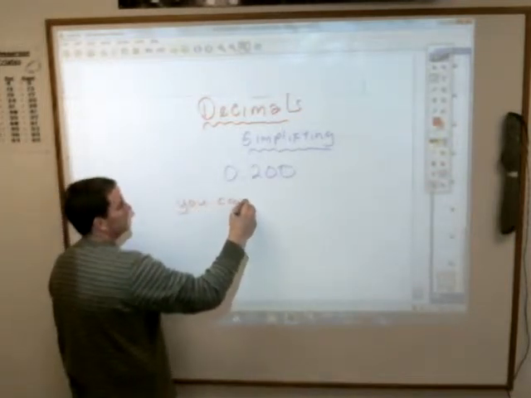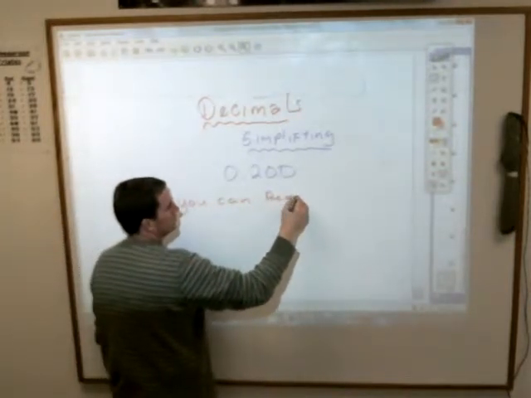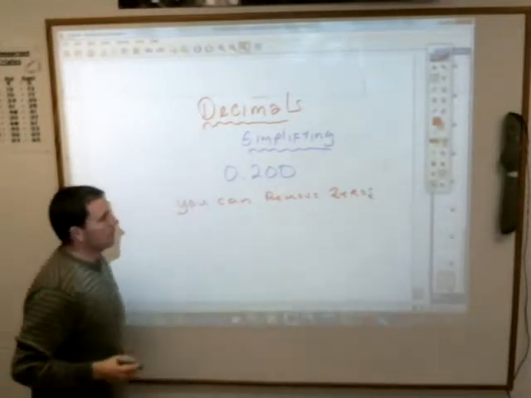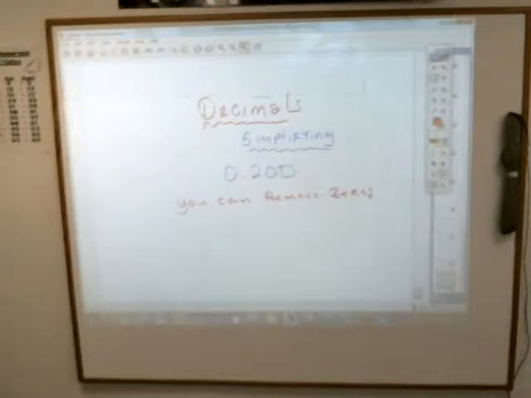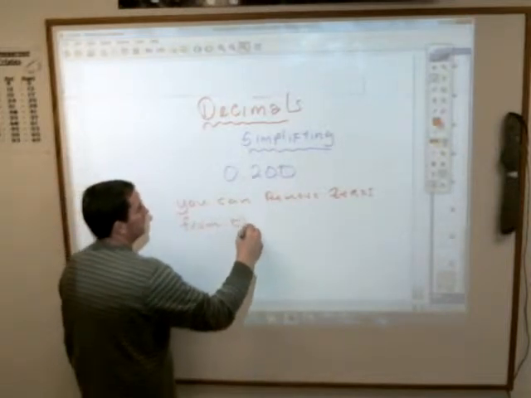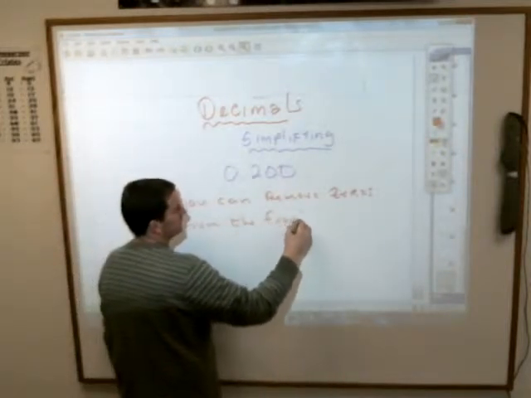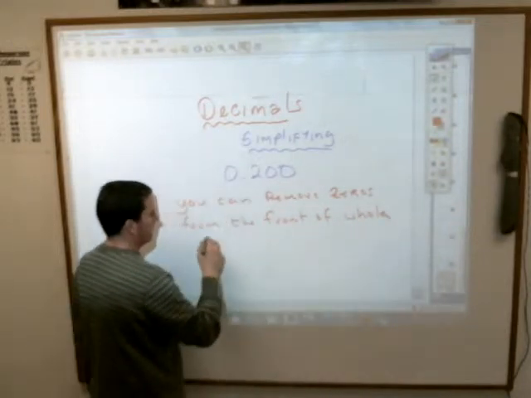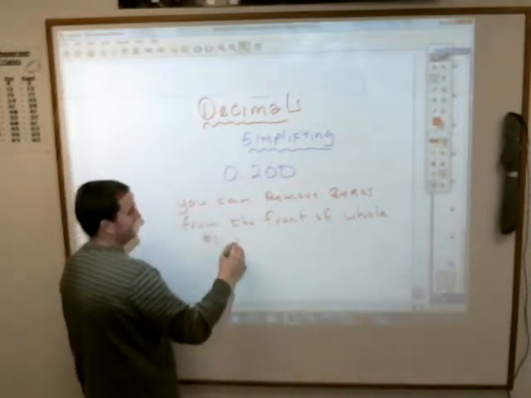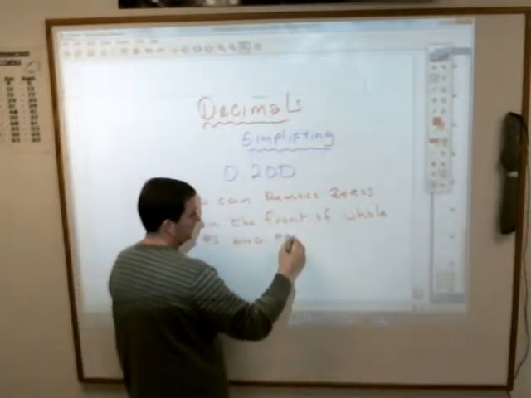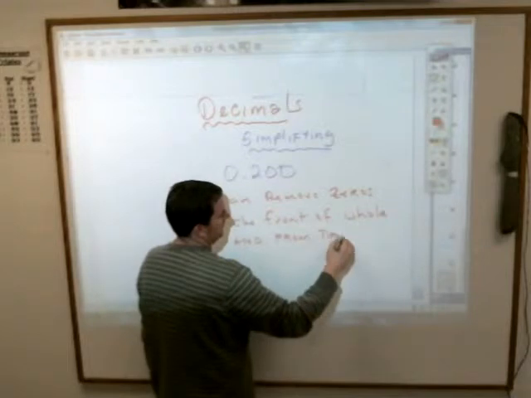You can remove zeros from the front of whole numbers and from the back of decimals.